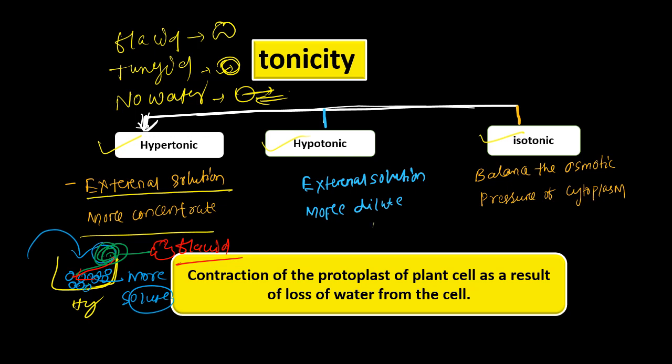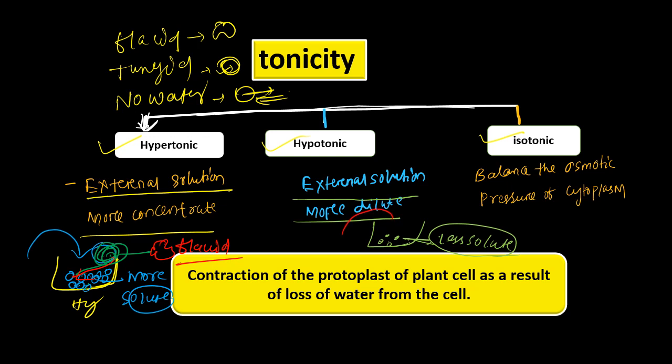The second condition we see here is where the external solution is more dilute. More dilute means it consists of less solute. All of this is in terms of solute: hypo means less, hyper means more. So here there is less solute.